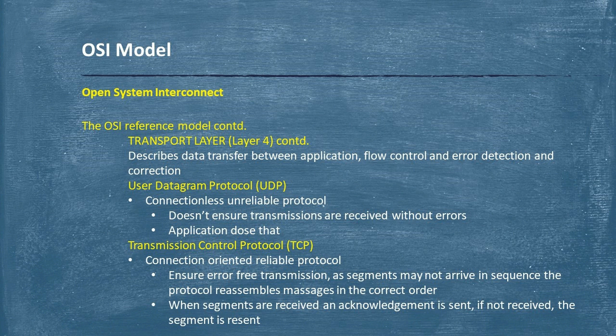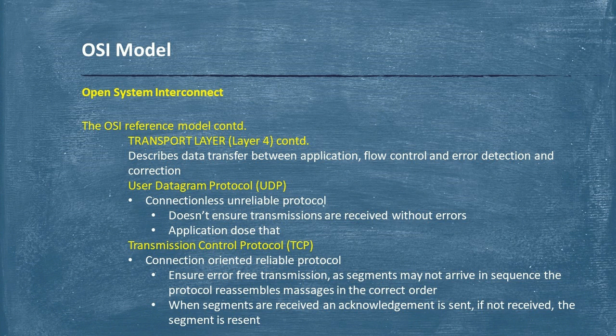As segments may not arrive in sequence, the protocol reassembles the messages in the correct order. It is not necessary that the packets will be received at the other end in the same order. One of the functions TCP does is to reassemble the received packets as per the sequence number. Each packet has a sequence number, so it is assembled based on that.